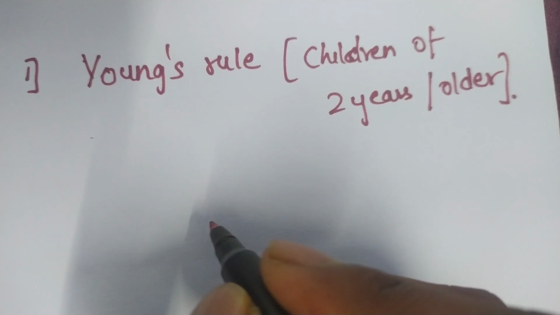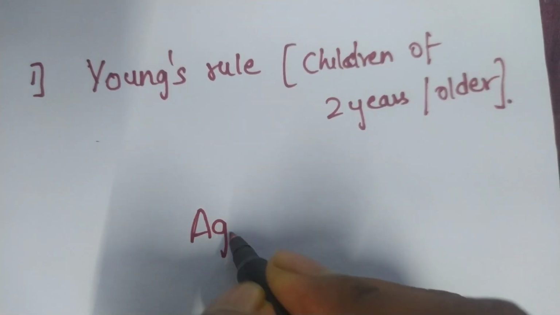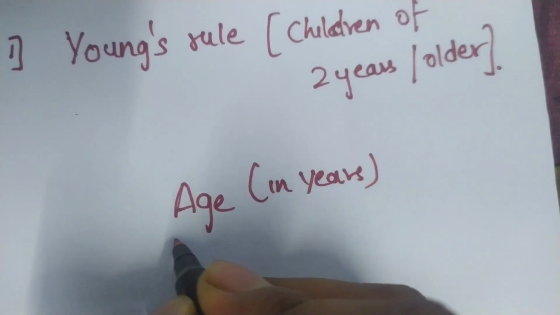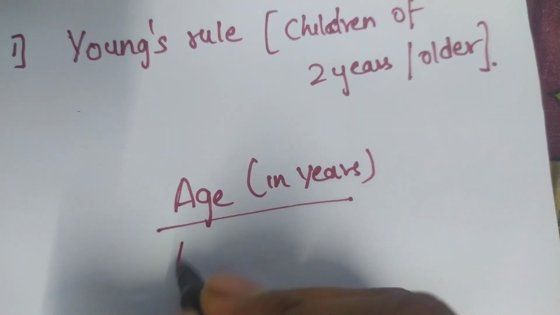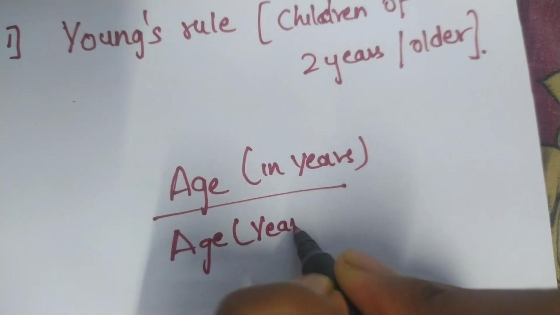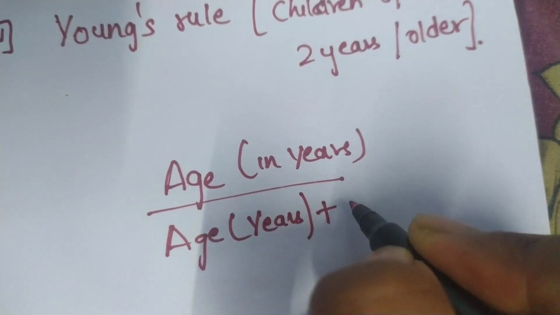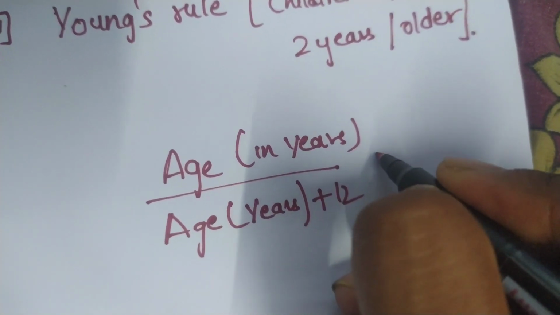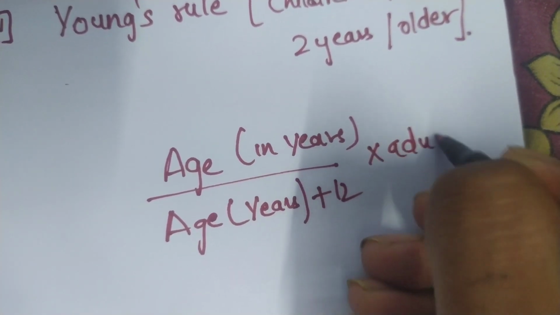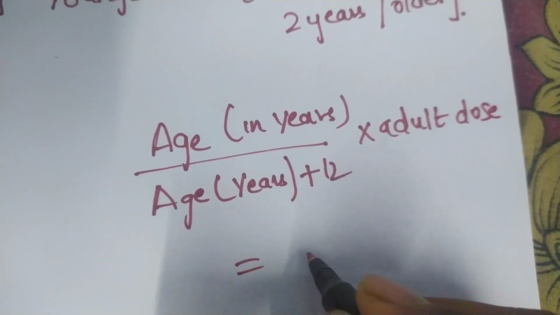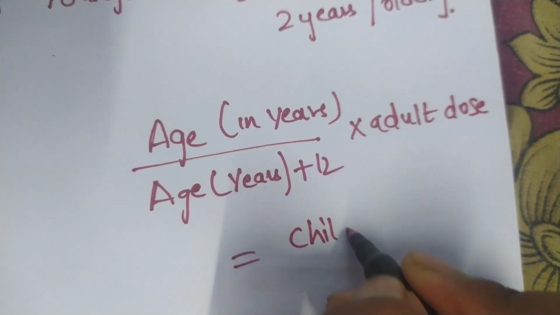So Young's rule, the formula is: age in years, divided by age in years plus 12, into adult dose, which gives the child dose.